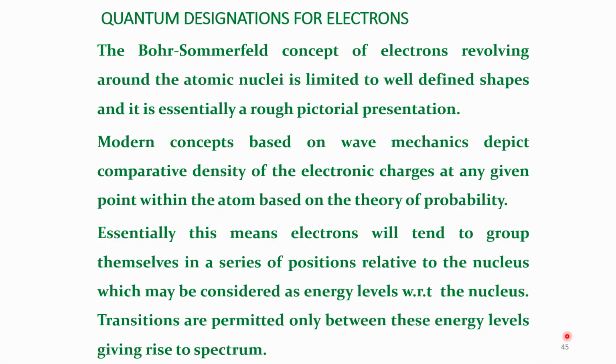If it is the K shell or an s orbital, it will be in a circular orbit space. Similarly, if it is an electron in a p orbital, the object will be something like a dumbbell shape. The probability of the electron being present in that dumbbell shape is maximum at any time. Like that we can continue.